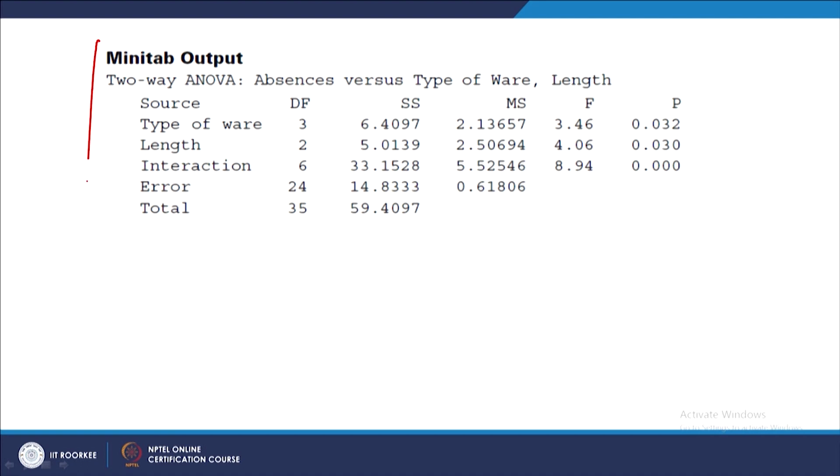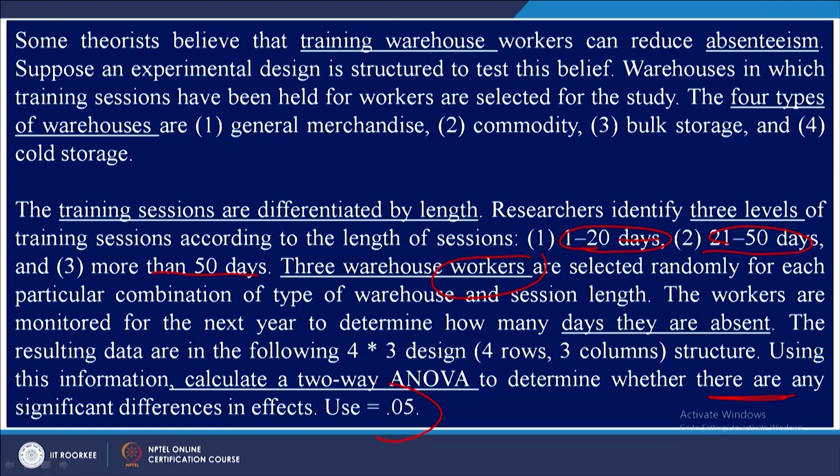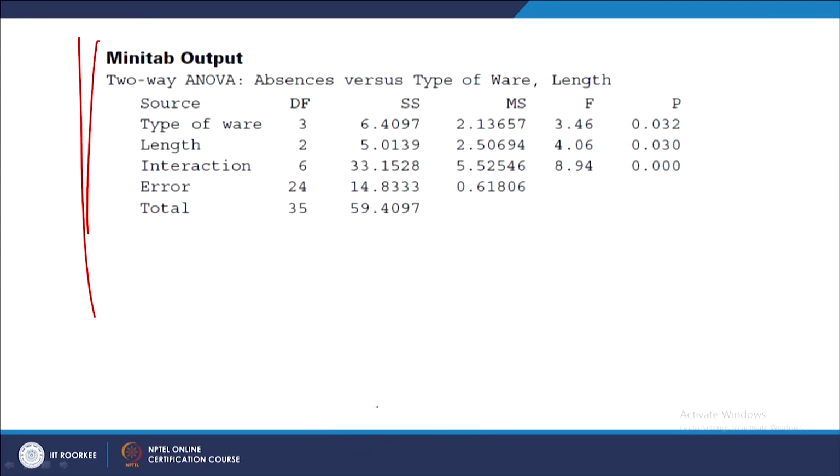So, this is the Minitab output which you would be getting, right. So, if you look at the significance level, I think it is given in the question, it is 0.05. So, alpha is 0.05. So, the p value here is 0.32.